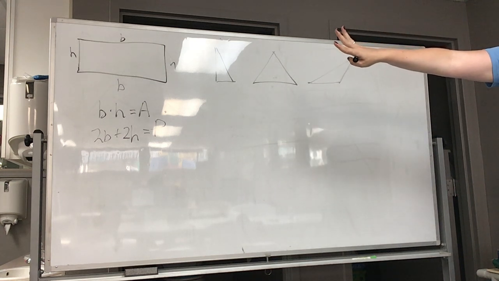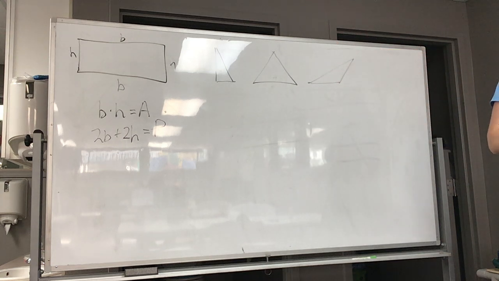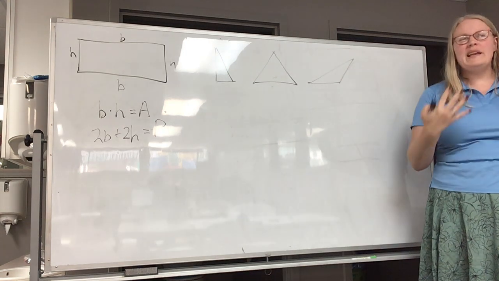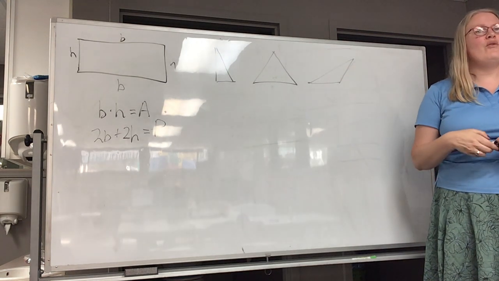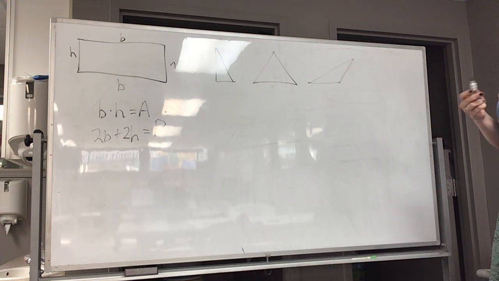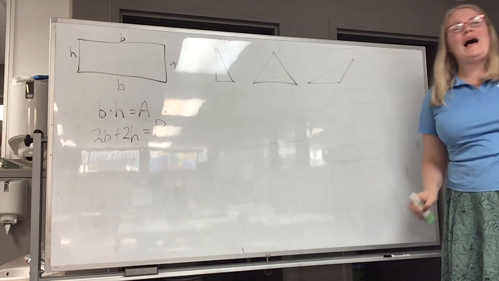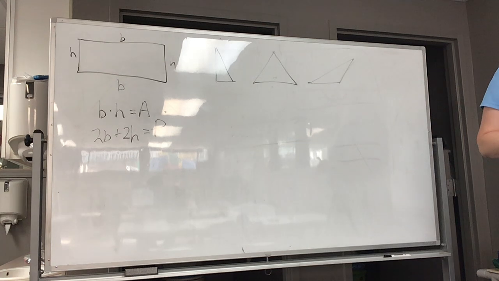Rectangle's really easy. Do you remember a triangle? Yeah. Base times height divided by 2. Base times height divided by 2, or 1/2 base times height. It's a complete personal preference of which one you remember it as. But let's talk about why. Because if you remember why, it's much easier to remember the formula.